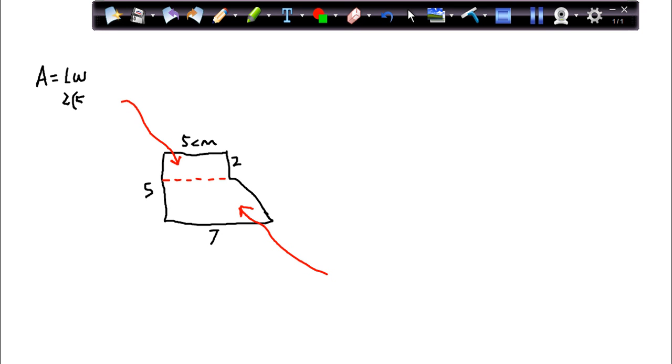All right? How wide it is. That's the width. See? 5 right here. That's how wide the rectangle is. And of course, we know 2 times 5 equals 10. Okay, so we have the area now for that particular shape. 10 centimeters square. We know that. Because that's what we're talking about.